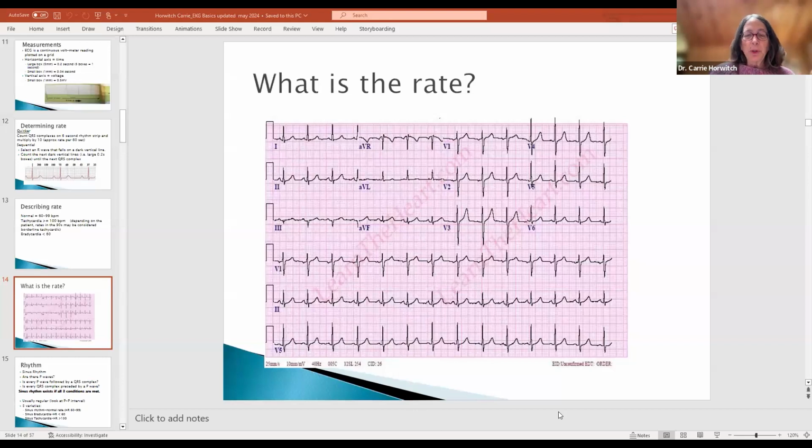I won't wait too long. If you don't want to guess, that's fine too. But if we use our method of counting, we're probably a little bit in between. It's not quite 75, so it's probably going to be a little closer to 80 for this EKG. Next slide.